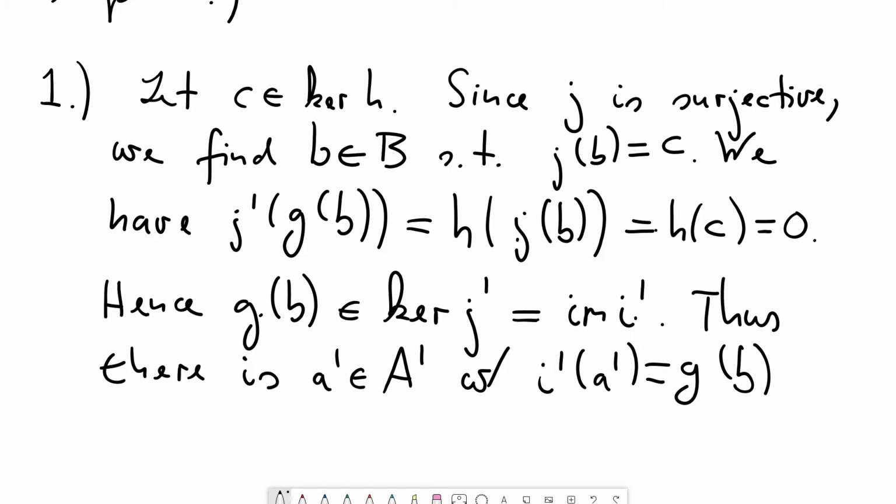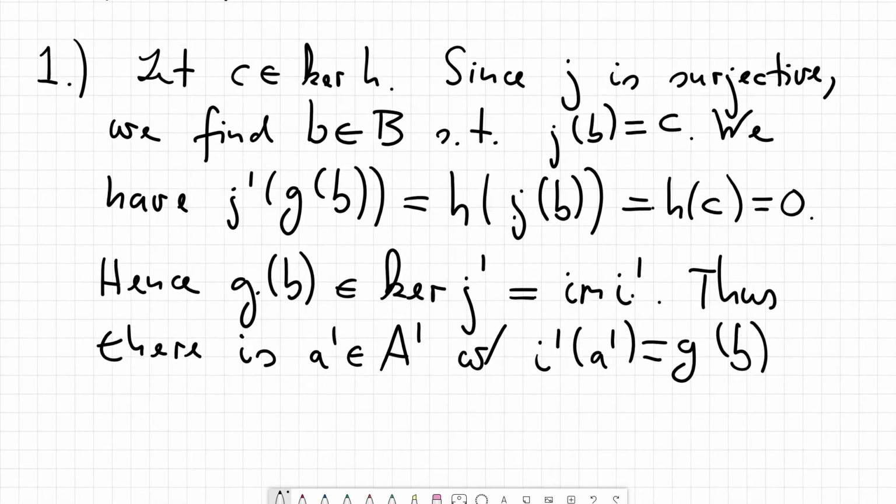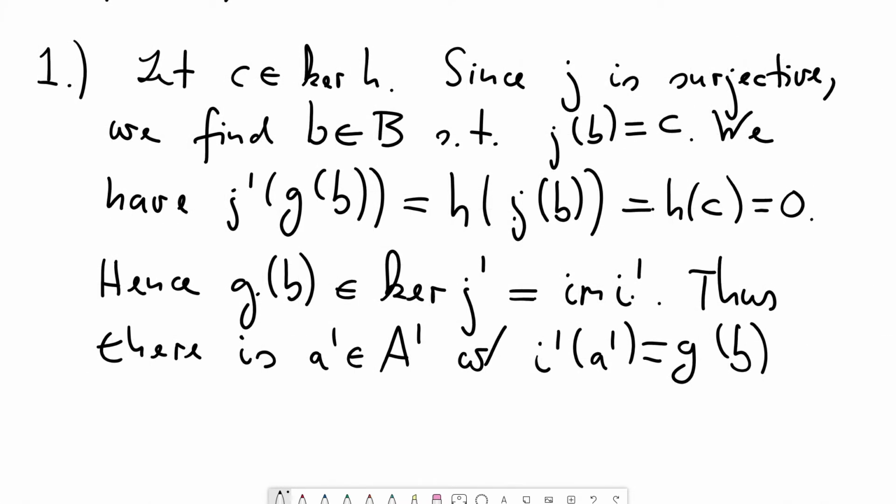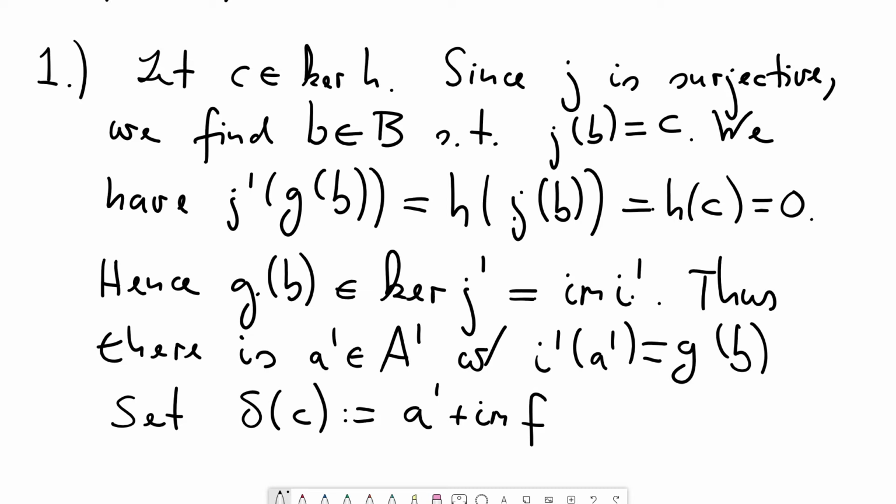And this element a prime, which I now have found, this is the one I used to define my homomorphism delta. We just set delta of the c we started with equal to a prime plus image F. Yeah, so this is my notation for an element in this quotient. I just write this coset like this, a prime plus the image of F.